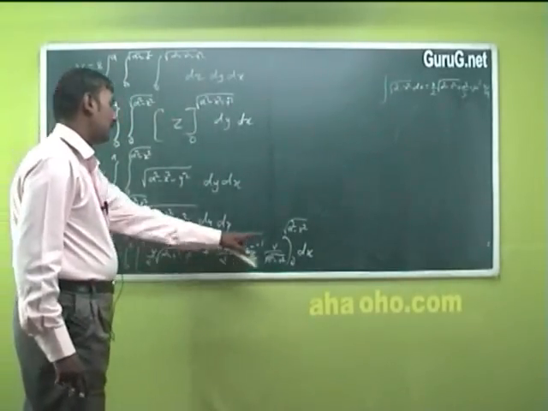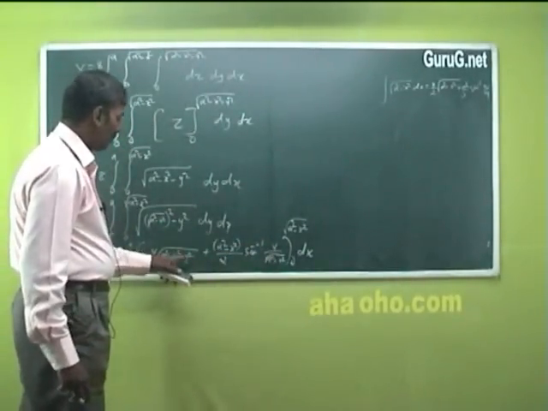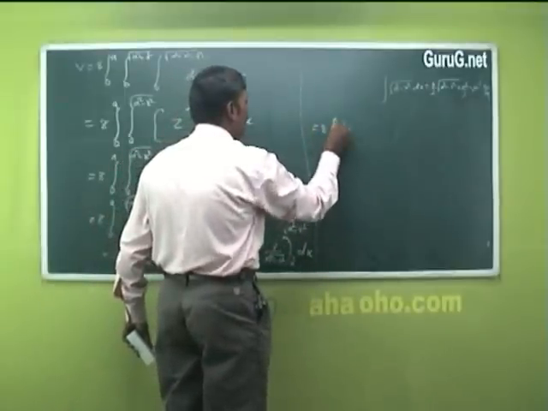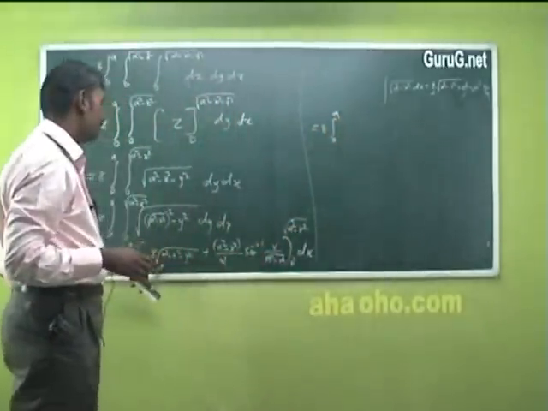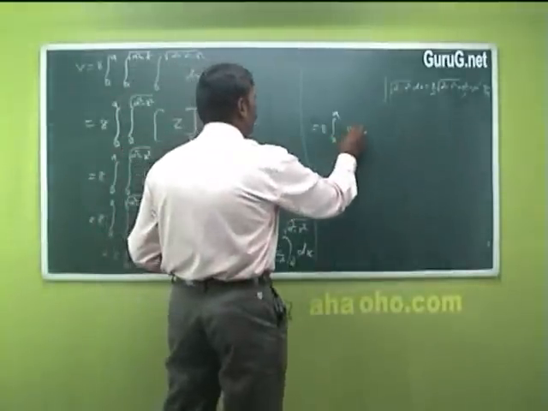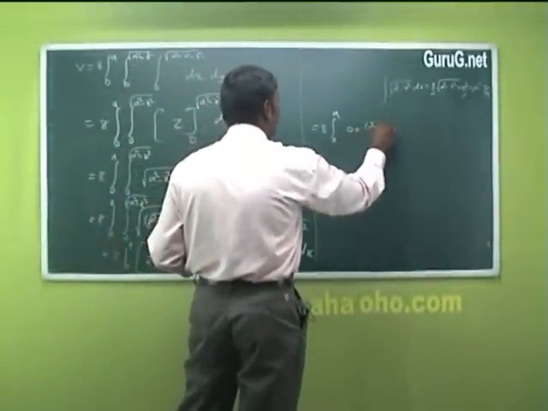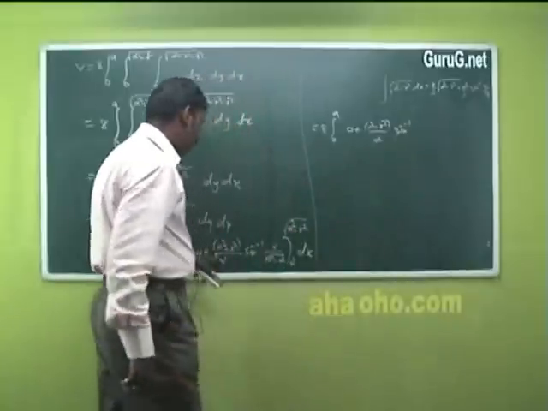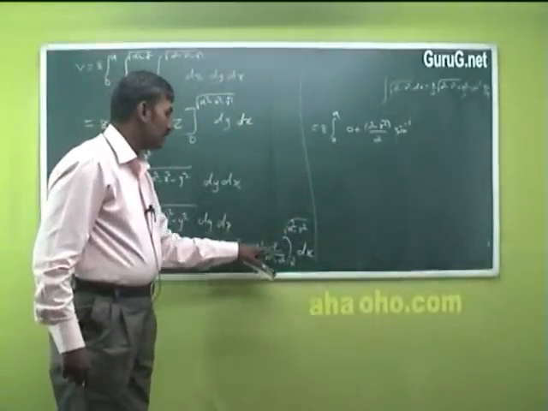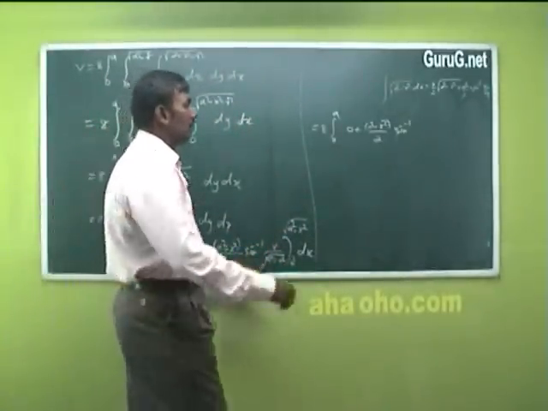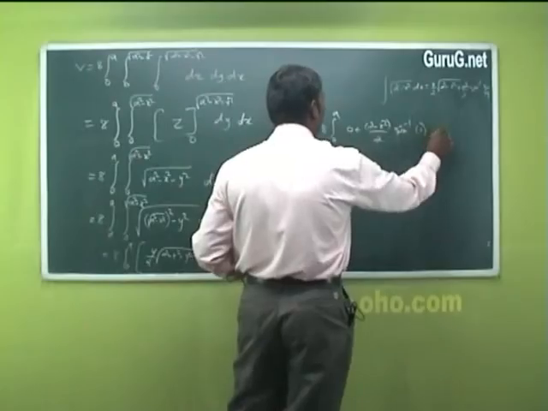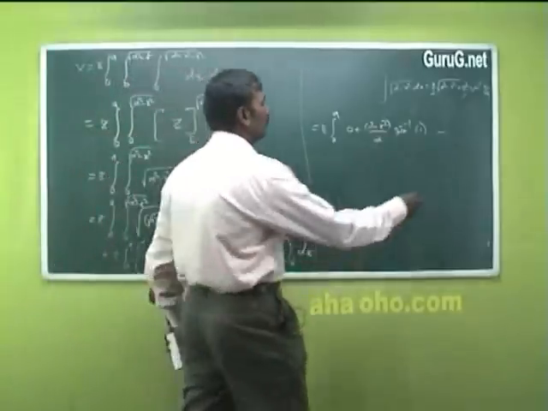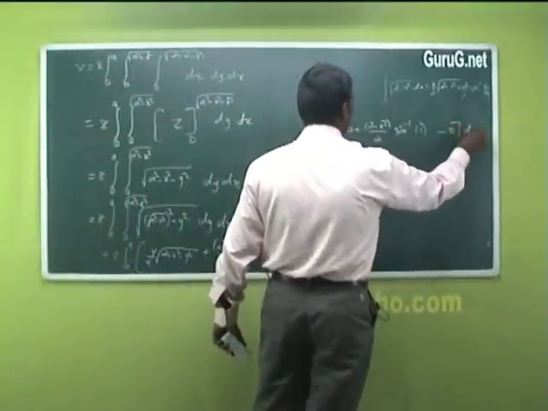If you replace y by this, obviously the first term is 0, then a square minus x square by 2 sine inverse of 1, then substituting the lower limit, 0, into dx.